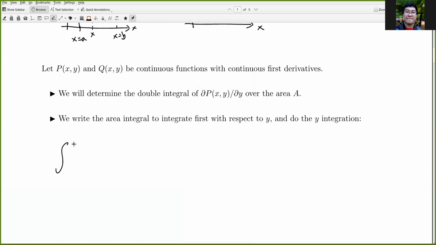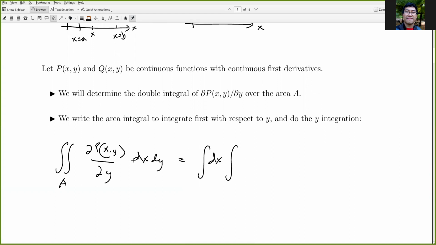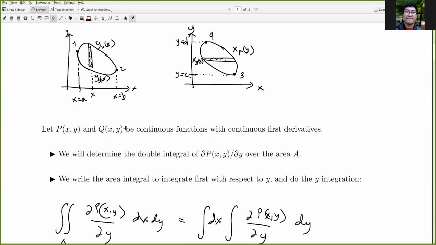So our area integral of partial p(x,y) with respect to y, dx dy, we can write it as, so we'll solve dx later, we'll solve y first, and that is partial p(x,y) partial y dy, where y runs from this lower curve to upper curve.